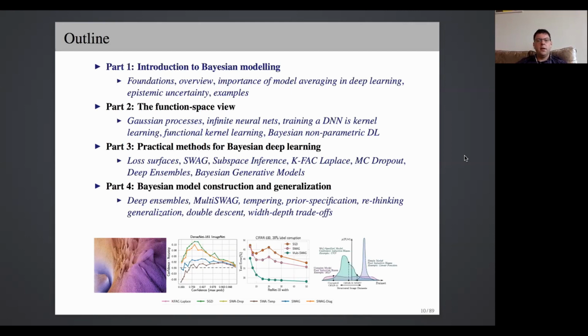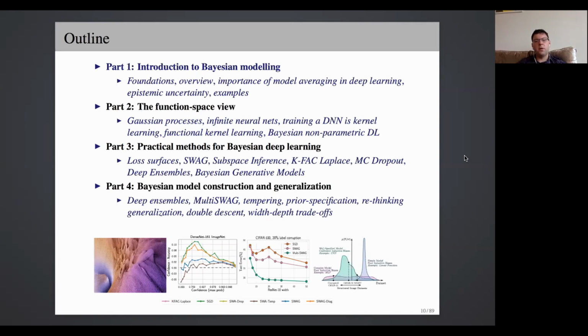And in part 3, we'll be considering a number of practical methods for Bayesian deep learning. And we'll also include in this discussion Bayesian generative models, which I think are a very exciting and up and coming area of research for Bayesian methods in deep learning.